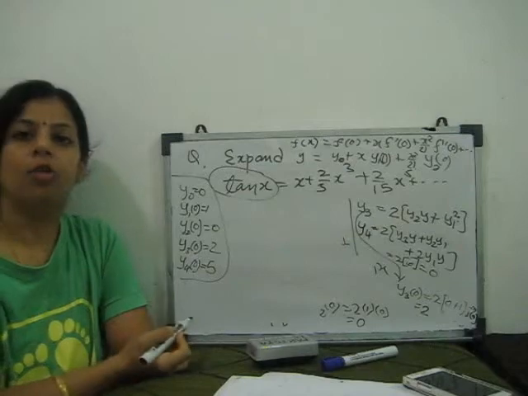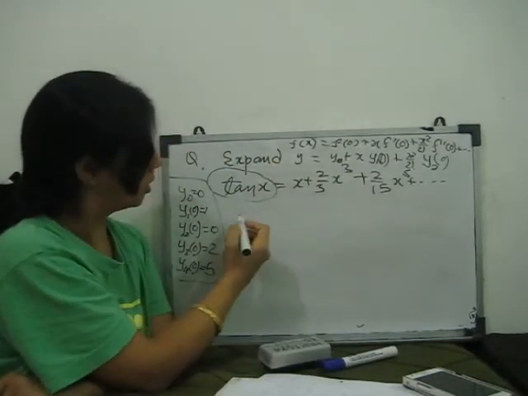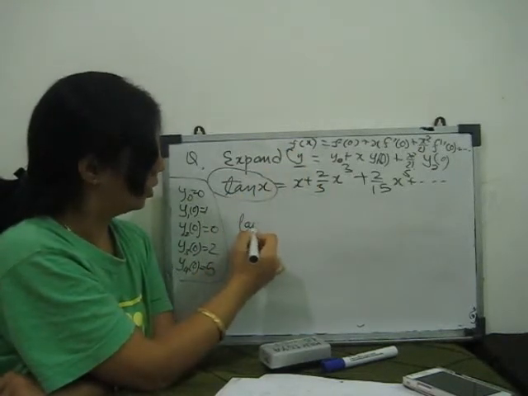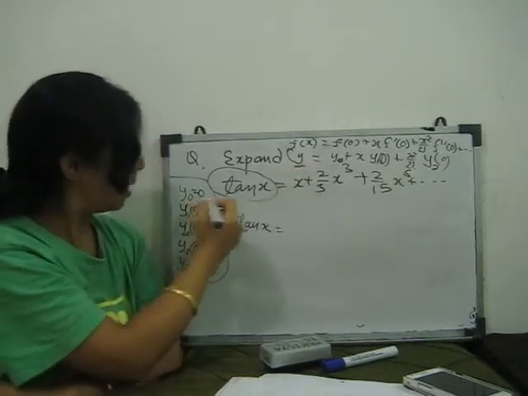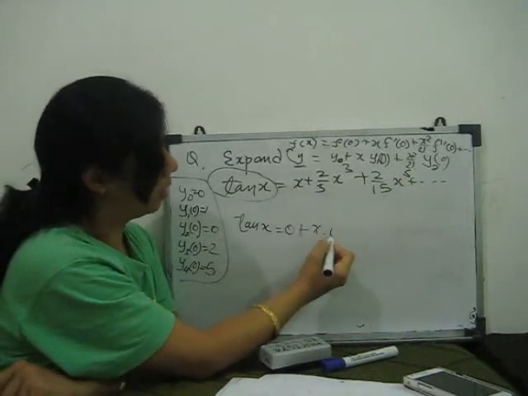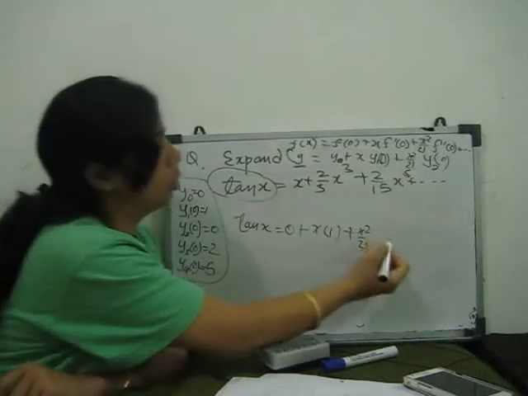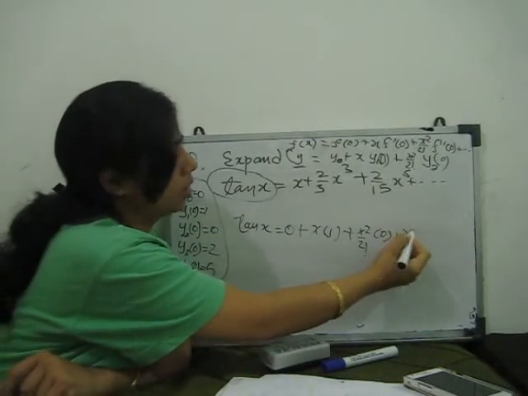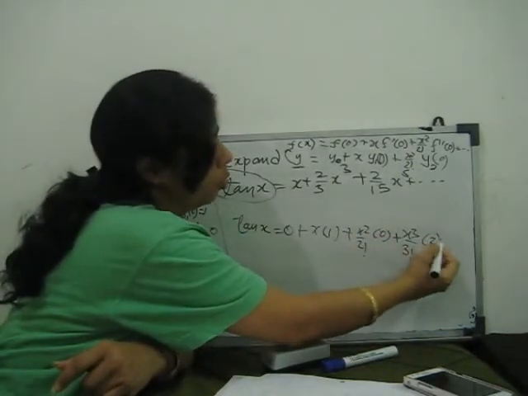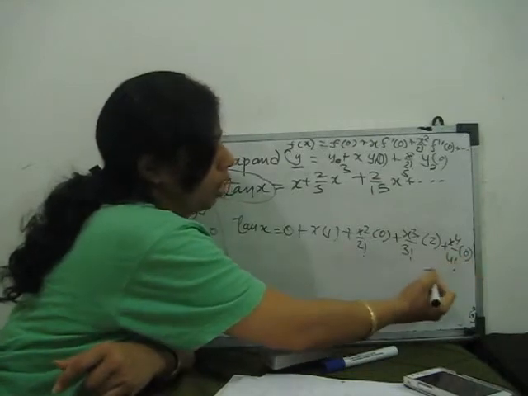These are all values at 0 point. Now we substitute in our Maclaurin series. So y is our f x. Our f x is tan x. So tan x is equal to y0 which is 0 plus x, y10 is 1 plus x square by factorial 2, y20 is 0 plus x cube upon factorial 3, y30 is 2 plus x to the 4 by factorial 4, y40 is 0, and so on.